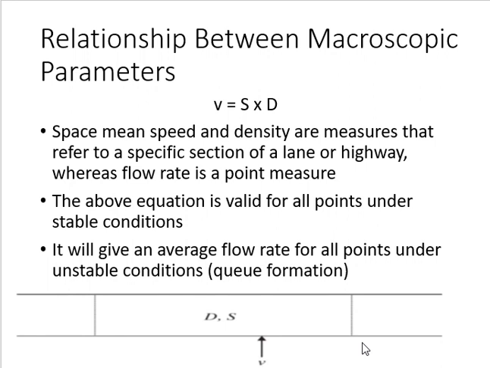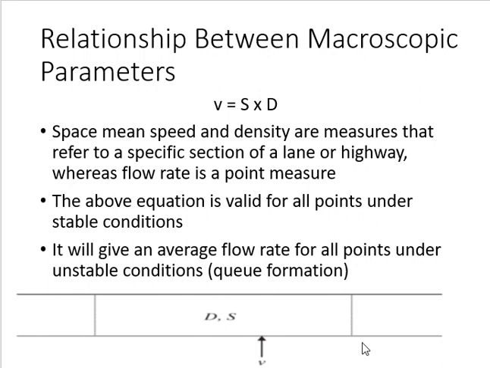But what will happen here? What we have been saying is that if these 2 are macro, then this one should be macro. If you are calculating density or flow rate using headway and spacing, then you have to use averages to make it macro. So you cannot have 2 parameters of one kind and 1 parameter of a different kind. Space mean speed is over the distance, same speed.